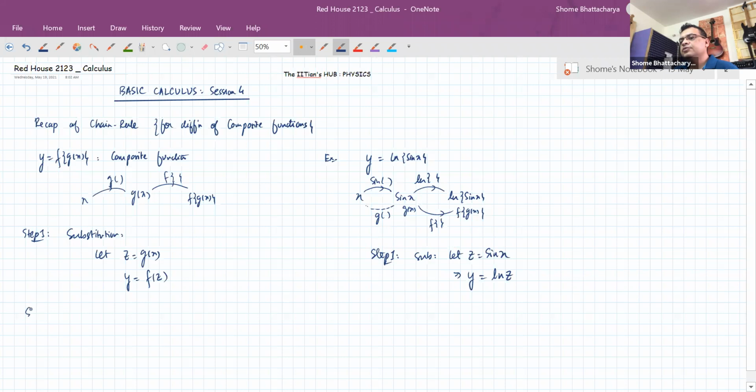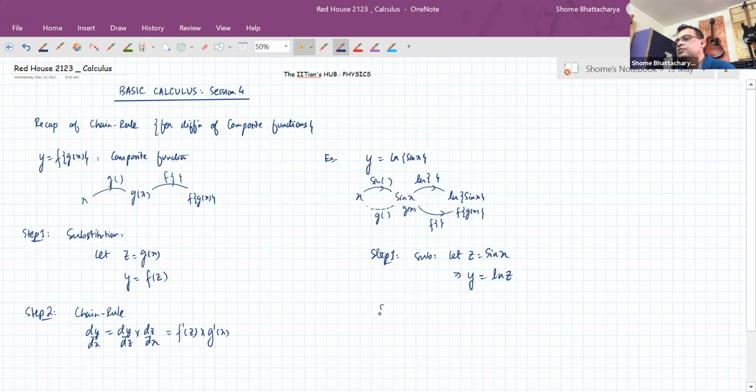Then you have the second step, which is the chain rule itself. So this establishes that the rate of change of y with respect to x is equal to the rate of change of y with respect to z multiplied with dz by dx. So that will become f prime of z on substituting y as f of z, multiplied with g prime of x.